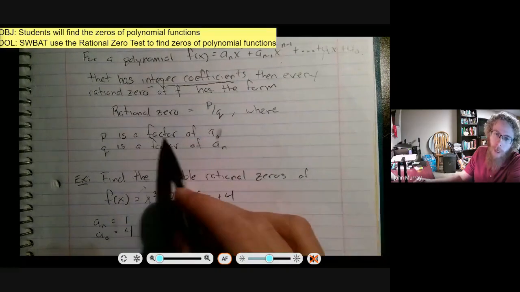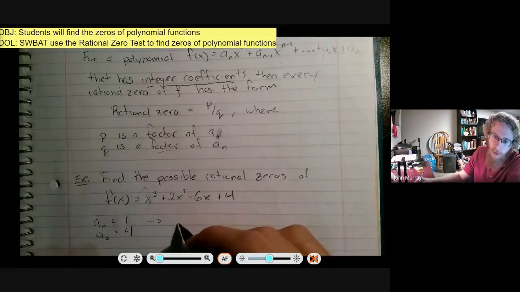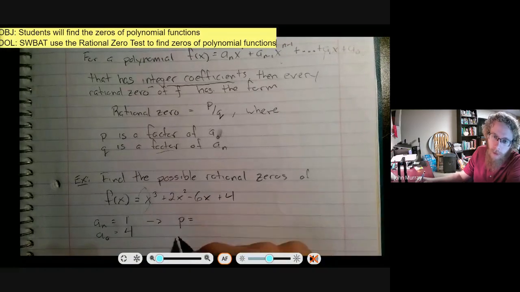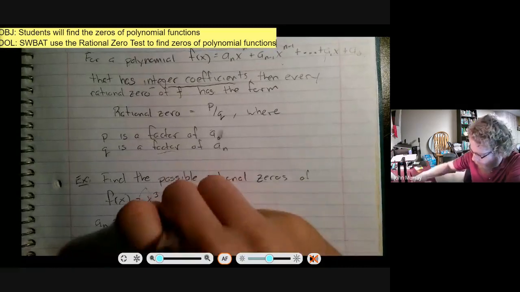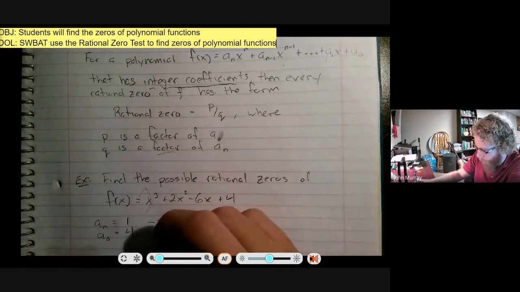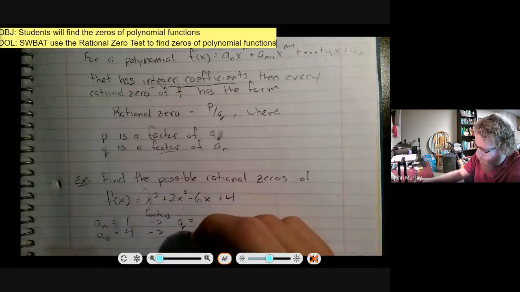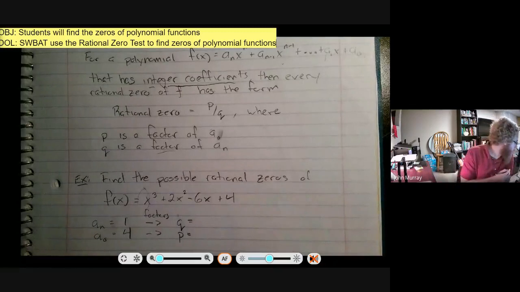All right, so now what we have to do is find factors for these numbers. This is Q. What we have to consider too is that they could be anything positive or negative.